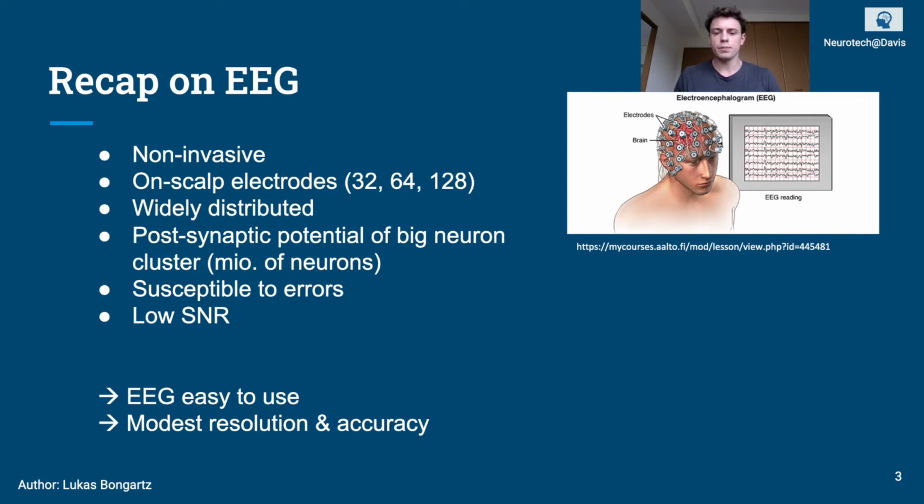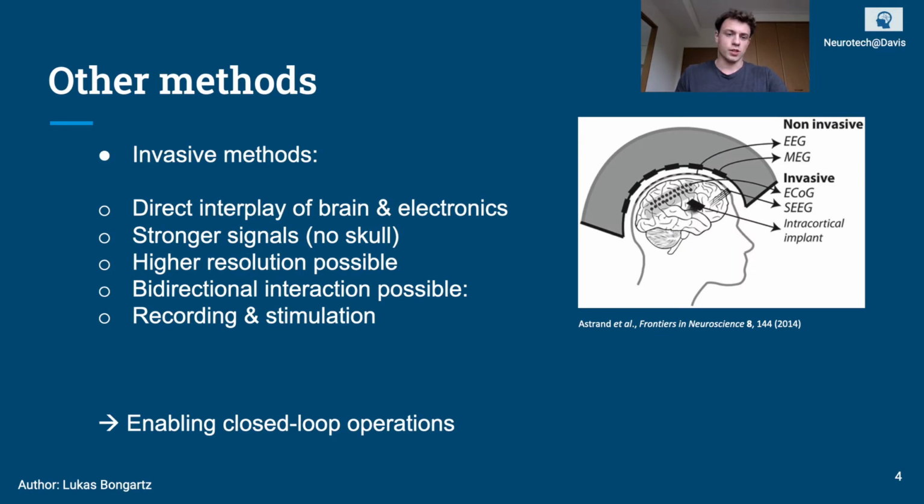But for BMI applications, we are interested in higher resolutions and accuracy. And another important point is that we want to provide a quite high bandwidth, which is not always given in general by EEG. Such issues can then be solved by invasive methods, which enable the direct interplay between the brain and electronics.